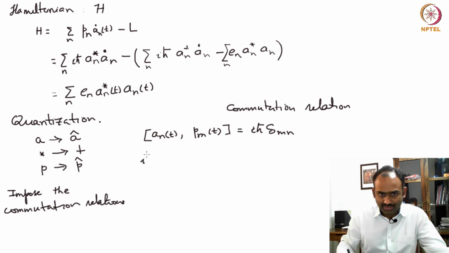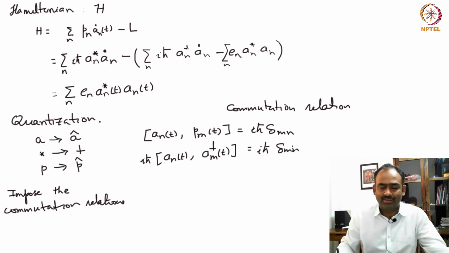So you have iħ An of t and am dagger of t is iħ delta mn, and the factors of iħ cancel on both sides. Okay, and you get the commutator between An and am dagger to be delta mn.